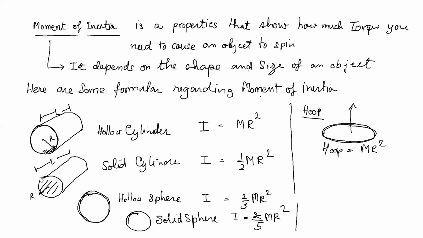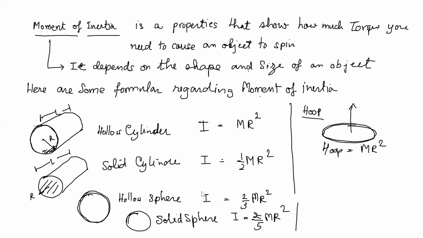Now, if you have a solid cylinder, where you fill in the middle, the moment of inertia is 1/2 mR squared. Then the third one is the hollow sphere, for example a football.